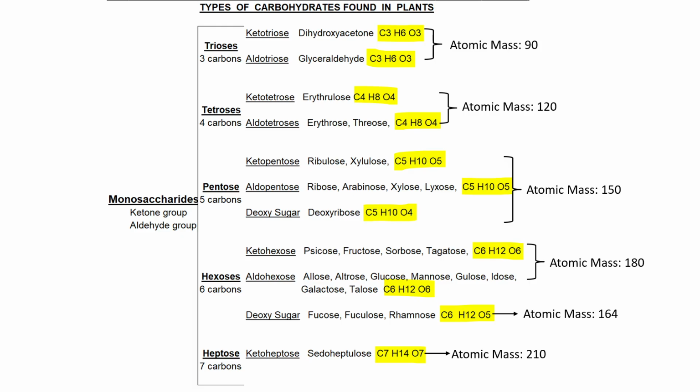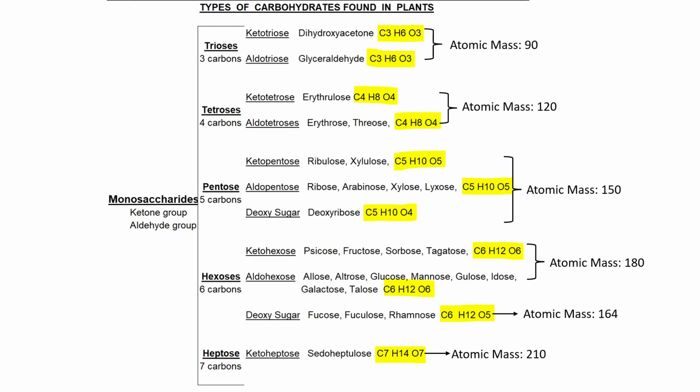Everything. The types of carbohydrates in plants are different carbon chain sugars. The first group is monosaccharides, of which there are 5 groups, 28 sugars, and they range from 3 carbon, 4 carbon, 5 carbon, 6 carbon, and 7 carbon chain molecules.